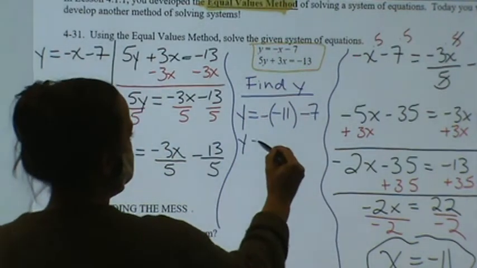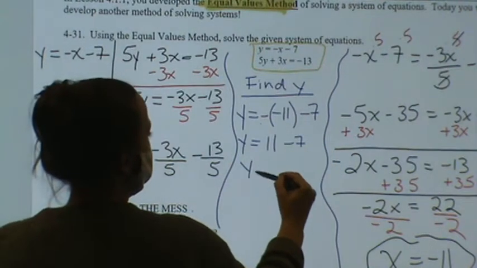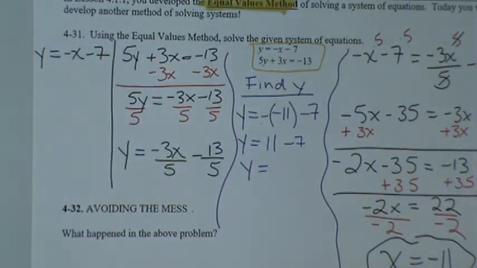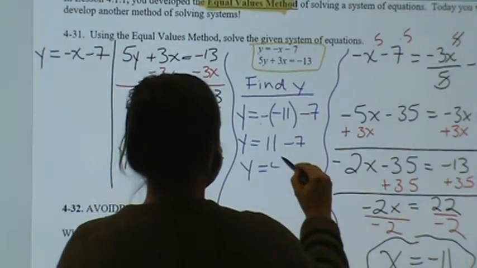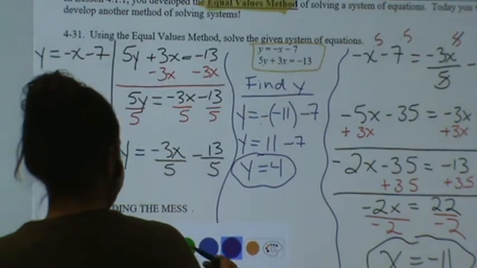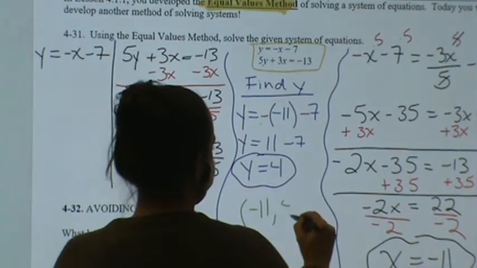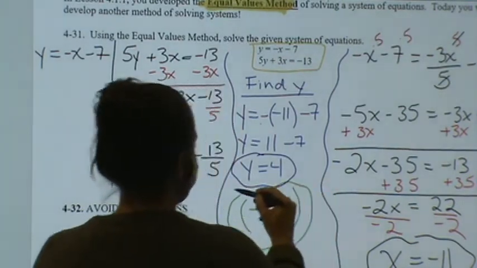So you get y equals, negative and a negative is positive, so you should end up with 4. So your answer is negative 11, 4.